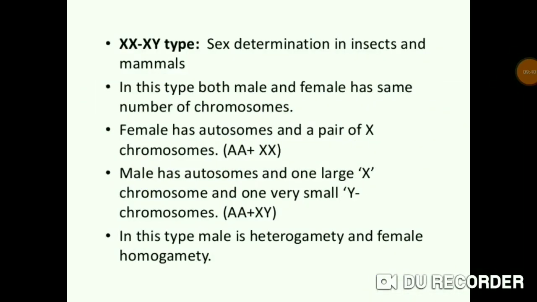Now, another type of male heterogamy is observed in XX and XY type. This type of sex determination is practiced in insects and mammals.